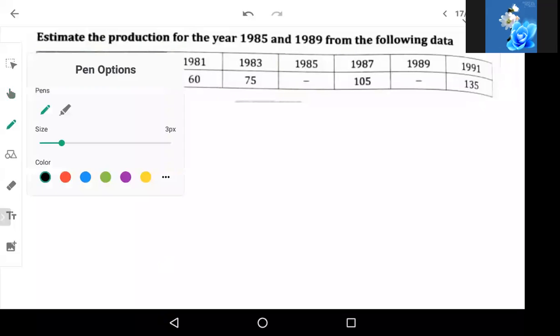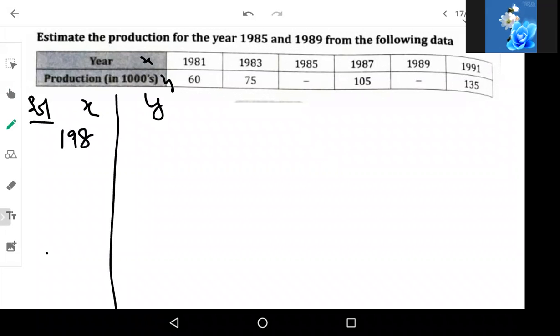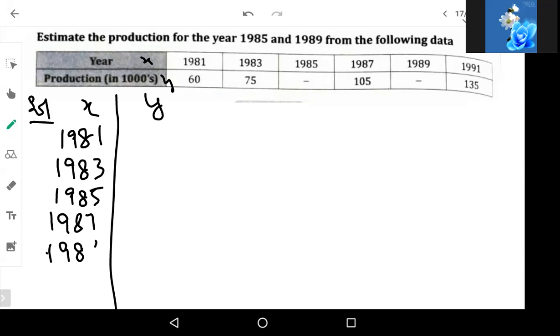So let us start. Solution. Write down the x and y data. That is x, y. So this will be x and this will be y. So what do you have? 1981, 1983, 1985, 1987, 1989 and 1991.